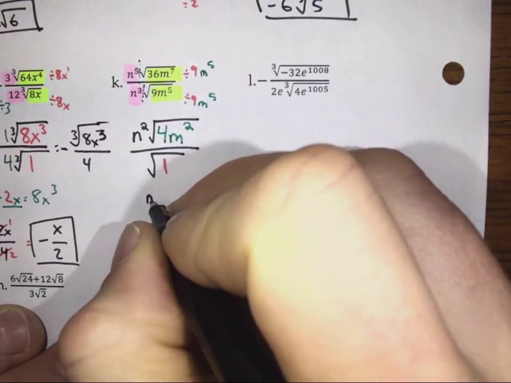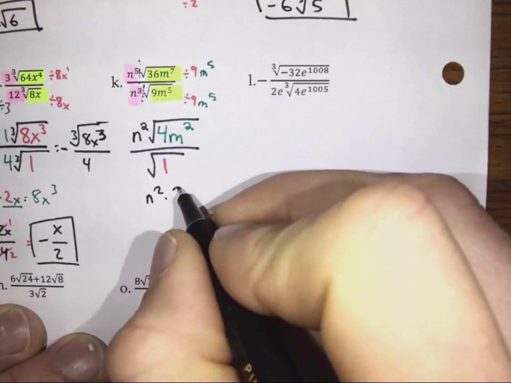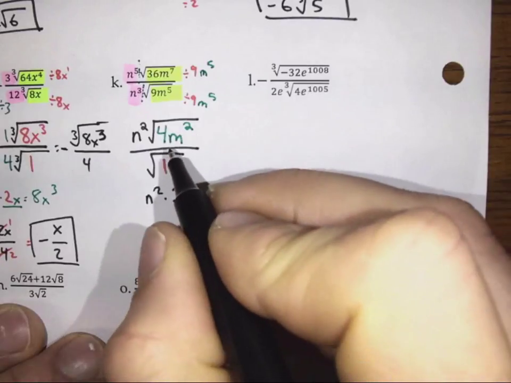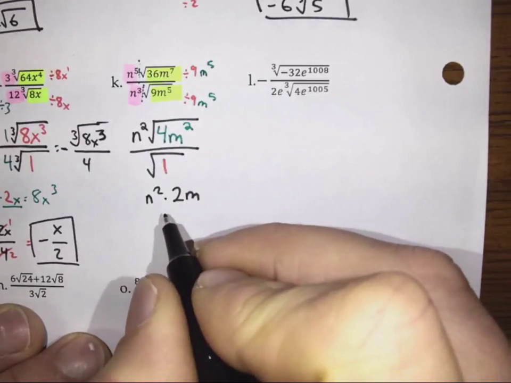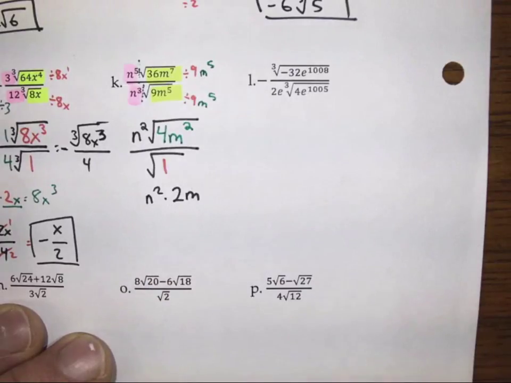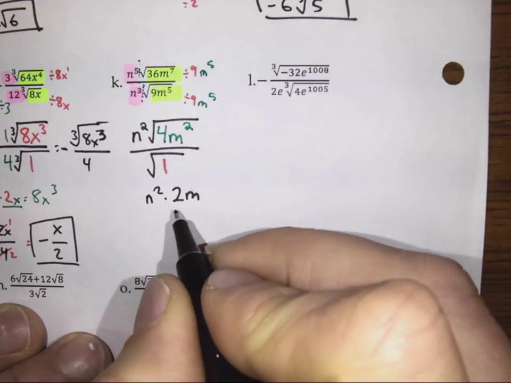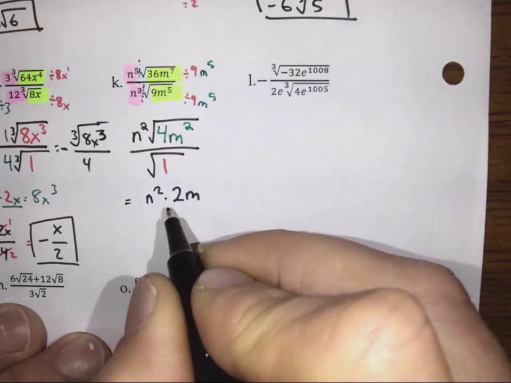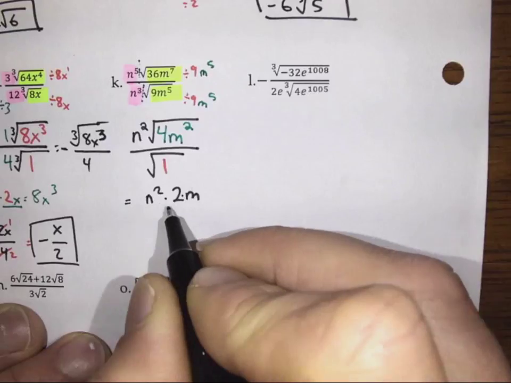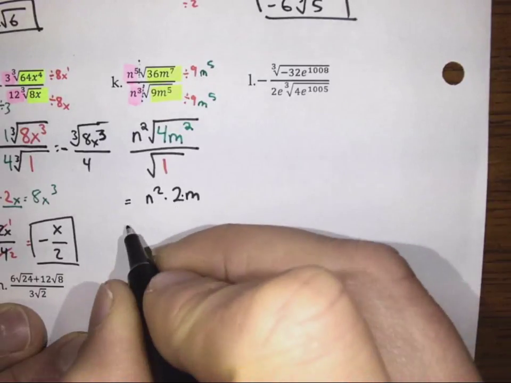Now, both of these square roots can again be resolved. So it's going to give us n squared times 2m, because 2m times 2m is 4m squared, over 1, and I'm not going to write the 1 because I would have to write it again and again. Now, typically, this isn't really how we consider the final form. We always like to write the constants, like 2, in the front as a coefficient.